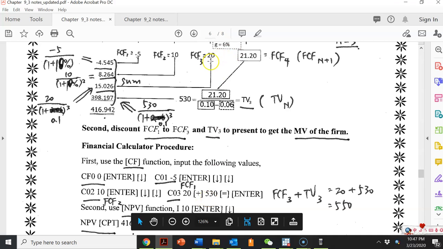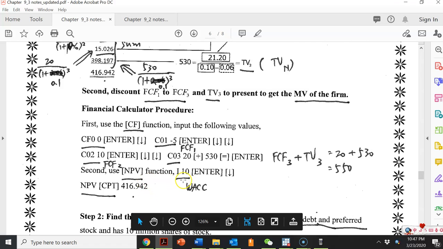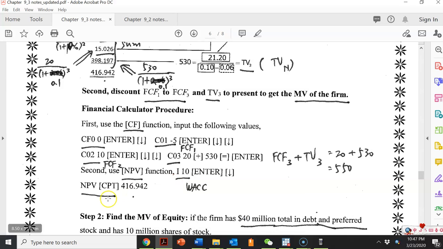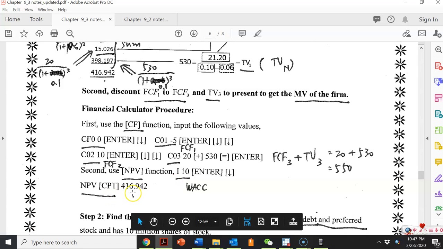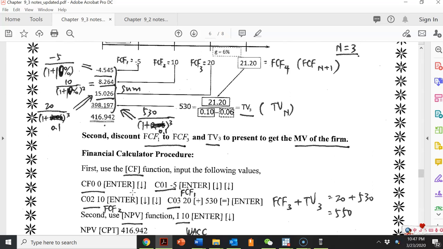So it's 20 plus 530. It should be 550 entered as cash flow 3. Press the NPV function, input WACC as I10, enter, down button, compute. We can get the net present value of all the free cash flows as 416.942.